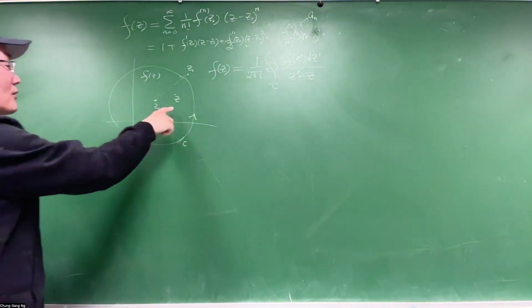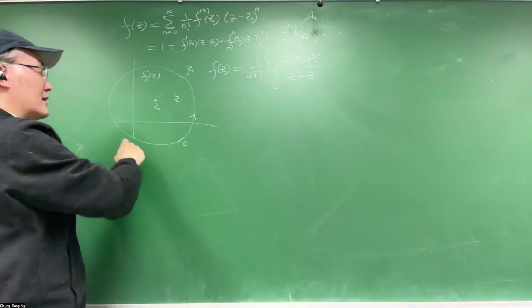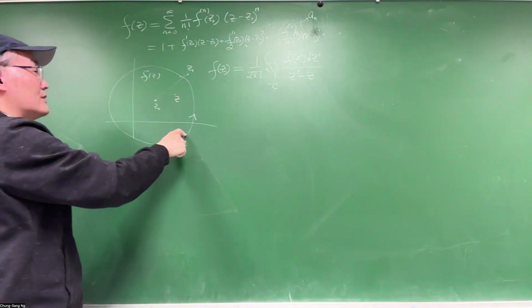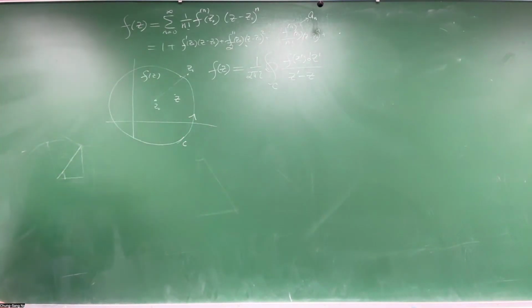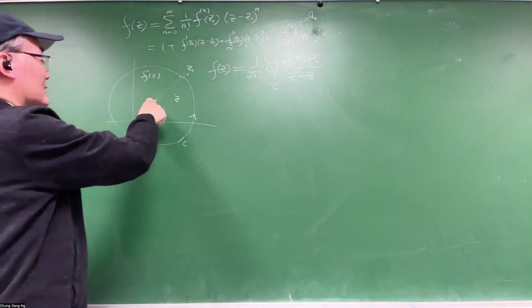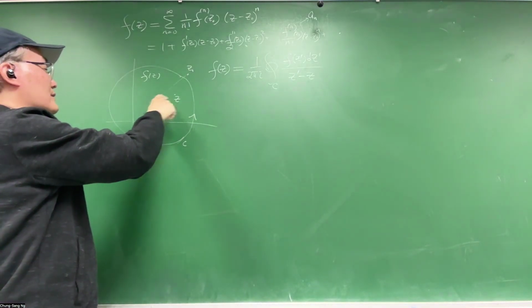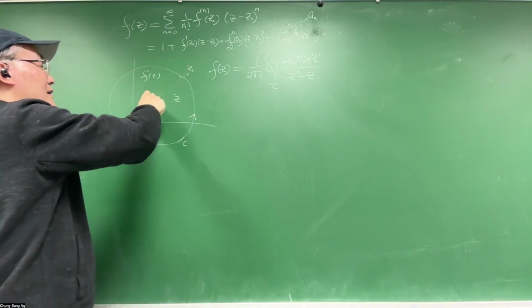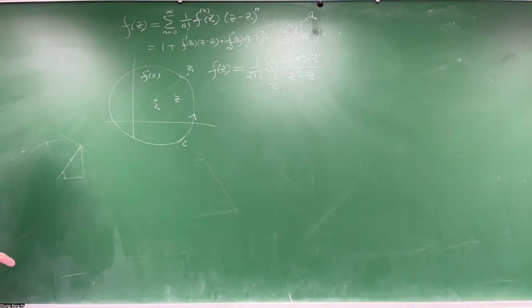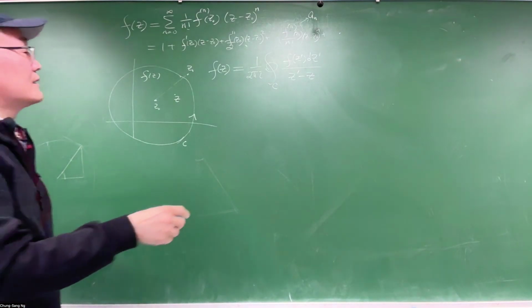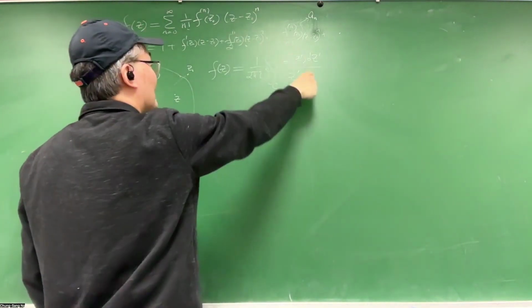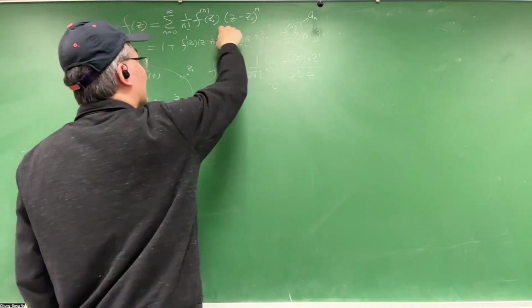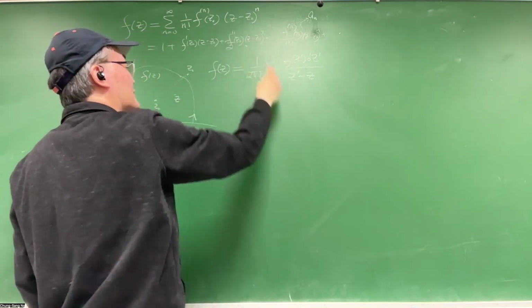And you require z to be within the interior of this circle, right? So the distance from z to c sub 0 should be less than the radius of this circle, which is zeta minus c sub 0. Okay, and you try to do an expansion in the power of z minus c sub 0.